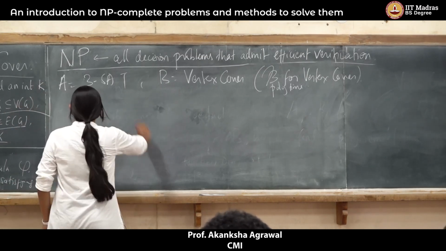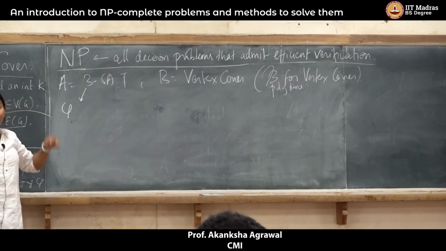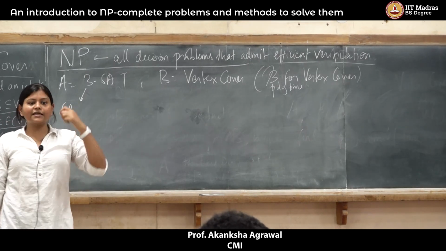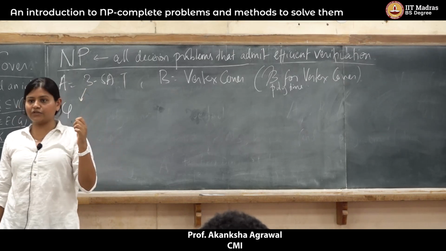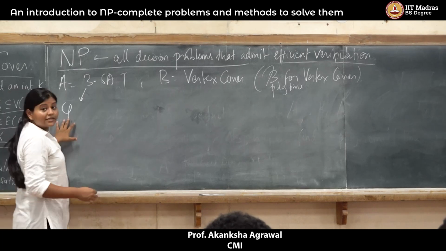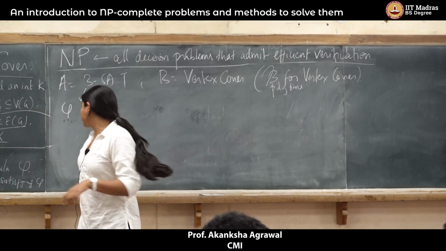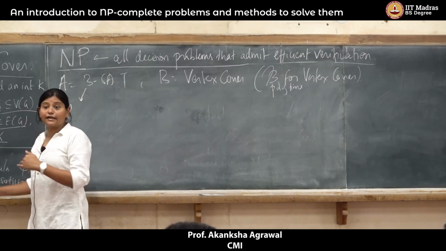So let us look at an instance phi of 3-SAT. My goal is to resolve a given instance of 3-SAT. I am given this phi, which is a 3-CNF formula, and I have to report yes if there exists a satisfying assignment, and no otherwise.